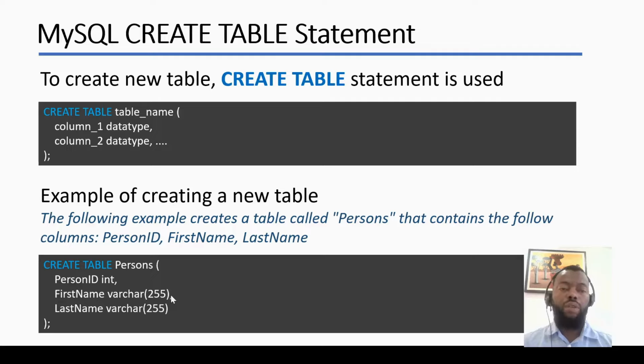So here we have one example where we create a table persons with person ID, first name, and last name as columns, each also with a data type. Here we accept numbers, and here we accept text.